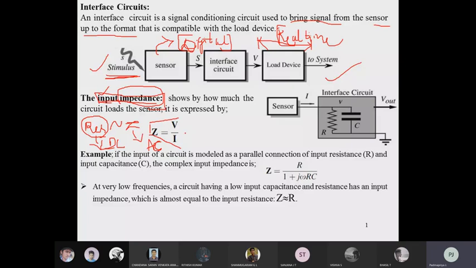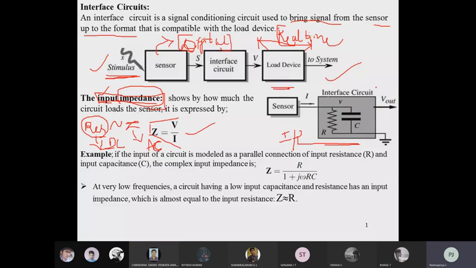So input impedance. At the input side, what would be the impedance? You need to identify this one, right? The sensor being connected to the interface circuit, obviously this location we would mention as input, right? After this interfacing circuit provides some output, that will get connected to the load, right?